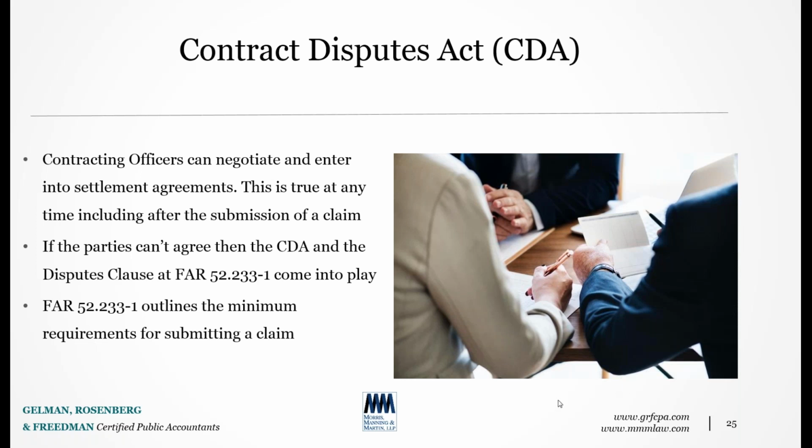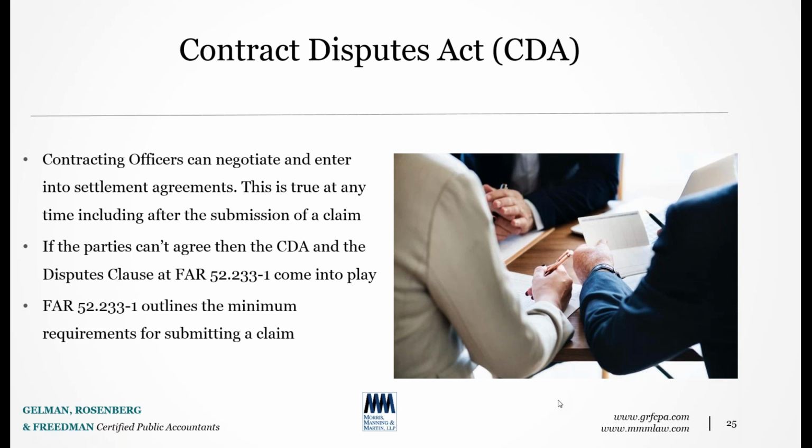Keeping the communication line open can also include talking with agency legal departments to try and hash out any issues with them before taking more formal action. We often will reach out to agency counsel to try and resolve the issue before filing a claim. Sometimes it works, sometimes it doesn't, but it's worth a try.